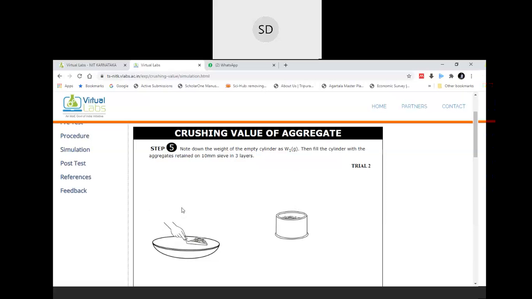And again the third layer, then again 25 blows. Remove the additional material. So it will be filled in three layers.